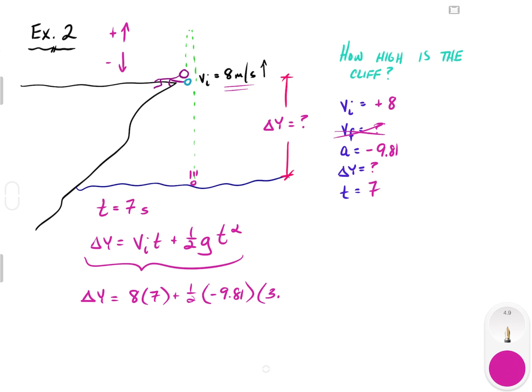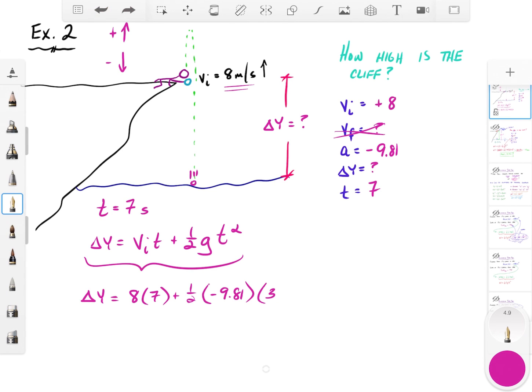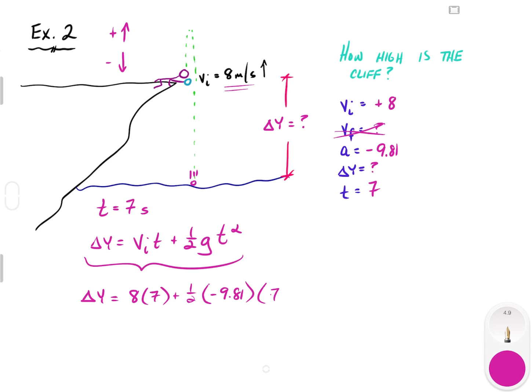And this is 7 seconds, and I have to make sure I square that. If I plug all of that in, that's 56 plus 1/2 times negative 9.81 times 7 squared, which is 49. So this gives me negative 184.35 meters.